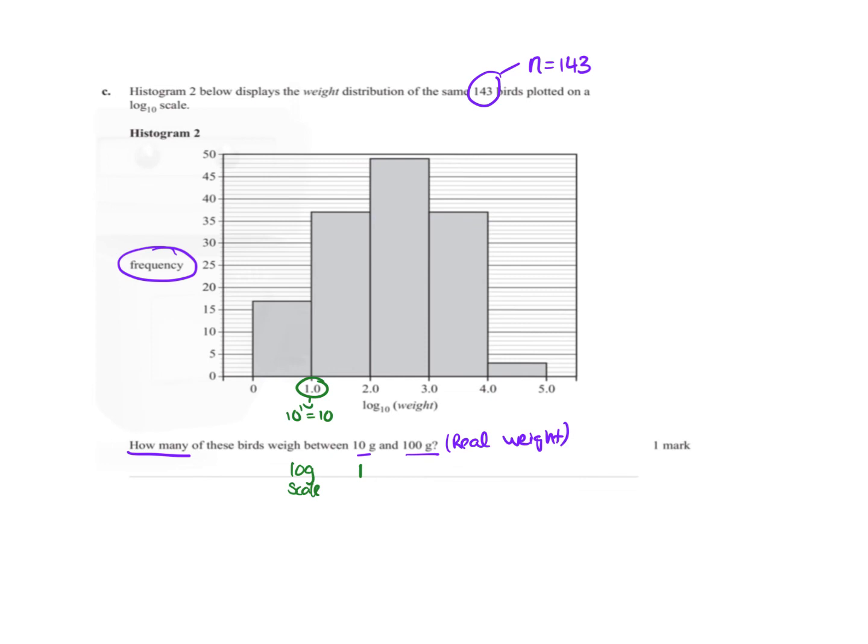And 100 has a log scale of 2 because 10 to the power of 2 equals 100. So they just want to know how many are between log 1 and log 2. You can read it off. I think it's 37, yeah? So we'll say 37.